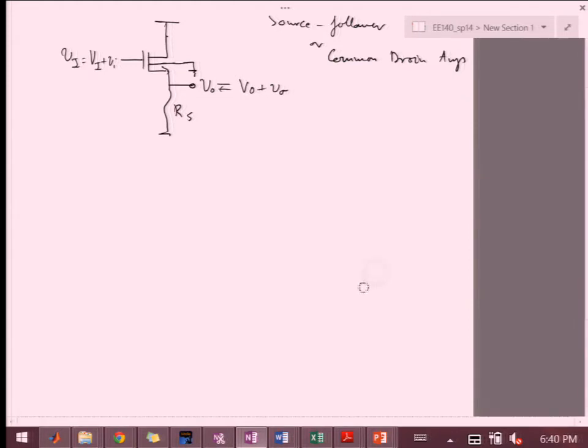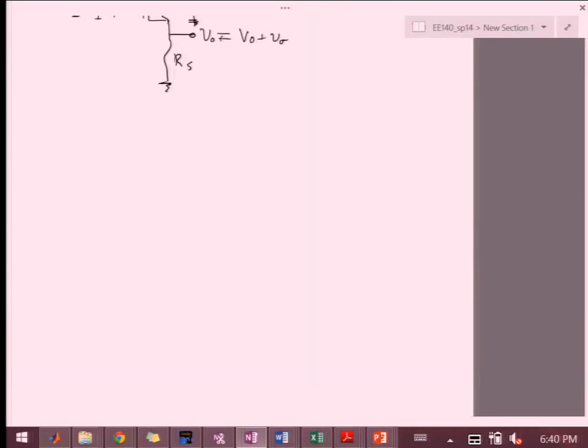So this is ground over here. Let's draw the small signal model and see how we can maybe apply some tricks to make this analysis easier. Now we have to explicitly call out the body terminal and try to draw it nicely here.